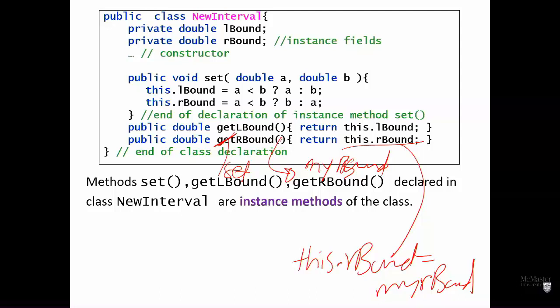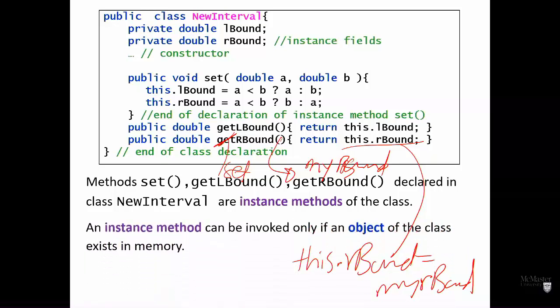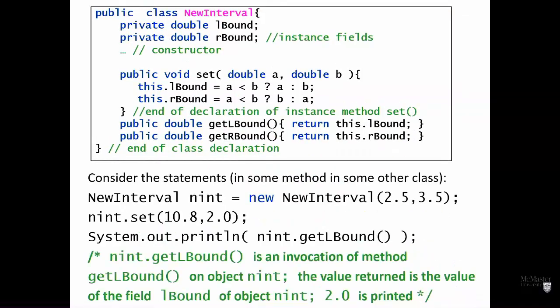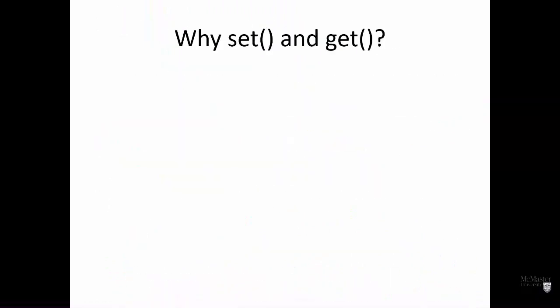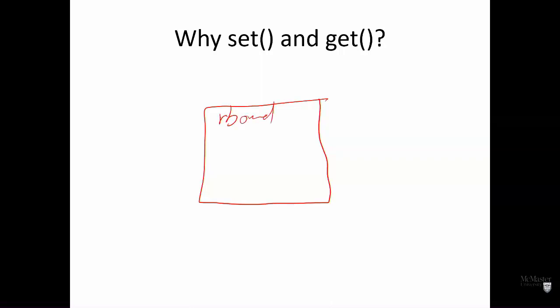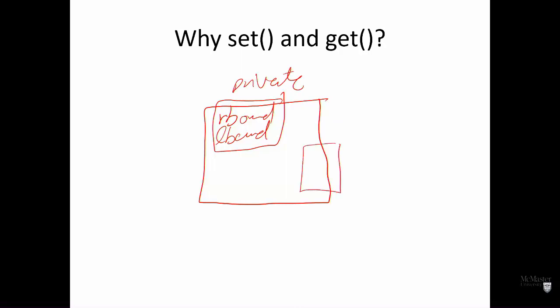Okay, so let's see. The thing is the following, right? And I had this figure last time. This is my class, right? And if these are my variables like r bound and L bound, and I hide these as private, and then I only access them through the API of set and get.